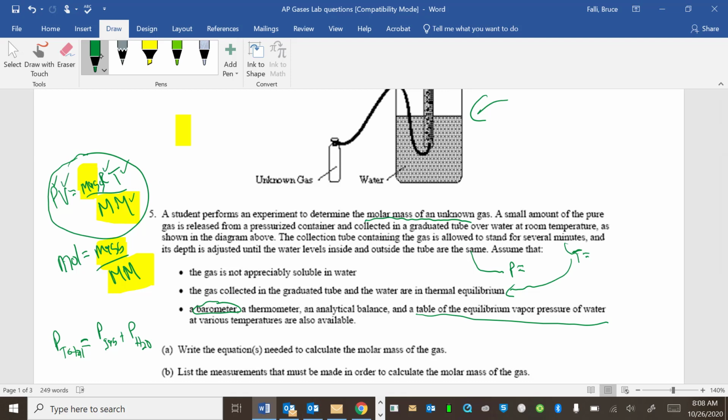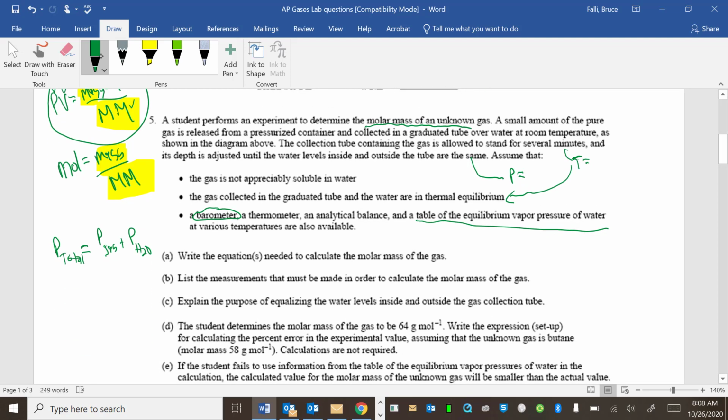I do need to figure out how I got the mass. The way I got the mass is the mass of the full tank minus the mass after release, and that's going to equal the mass of the gas.